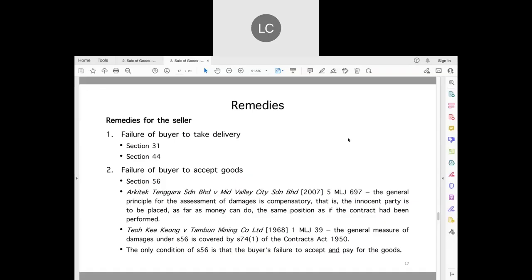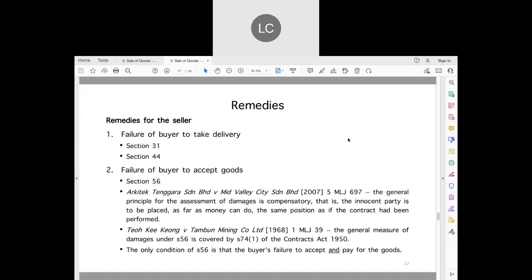Then the second example is that there is a contract of sale between Obama, the seller, and Trump, the buyer, for a second-hand Honda Civic bearing registration number XYZ1234, and the price was 70,000 ringgit. No time is fixed for delivery.